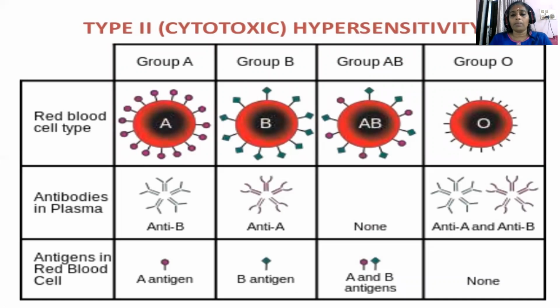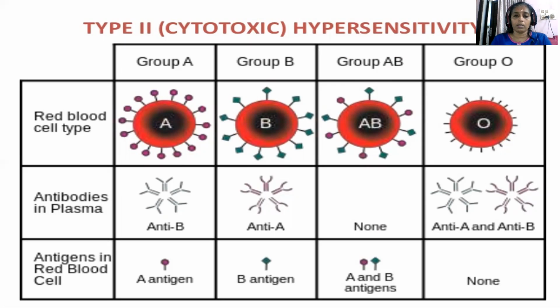Type 2 hypersensitivity reactions generally occur in blood grouping or blood transfusion reactions. It's very important because here the cell surface antigen is on each red blood cell. We all know about blood grouping.